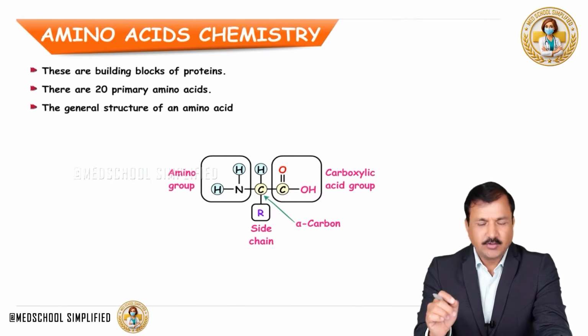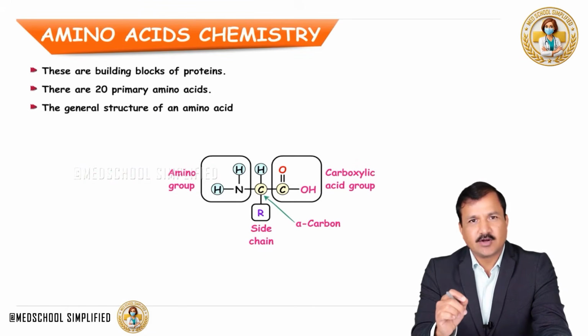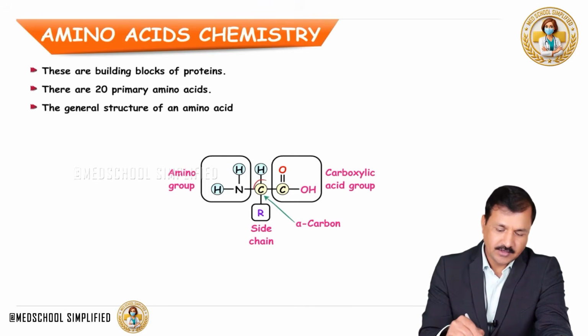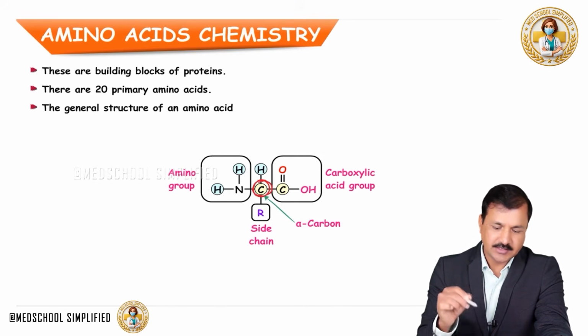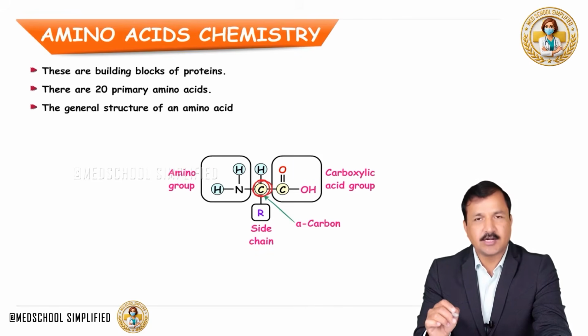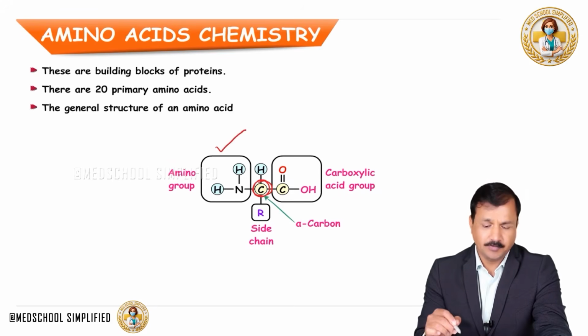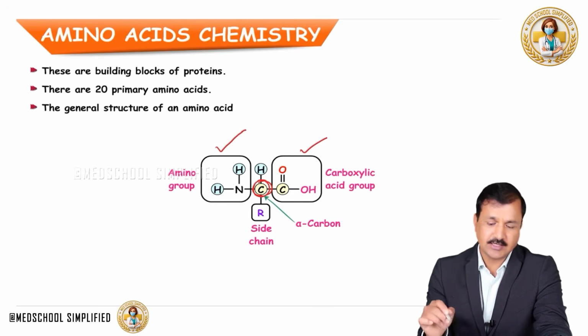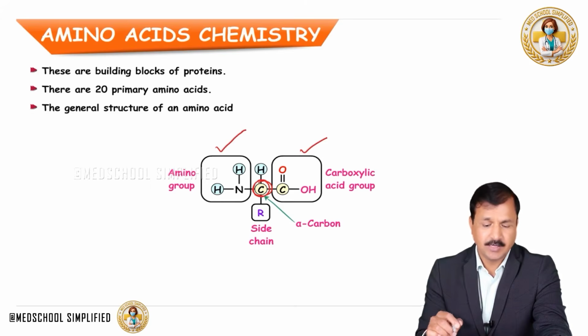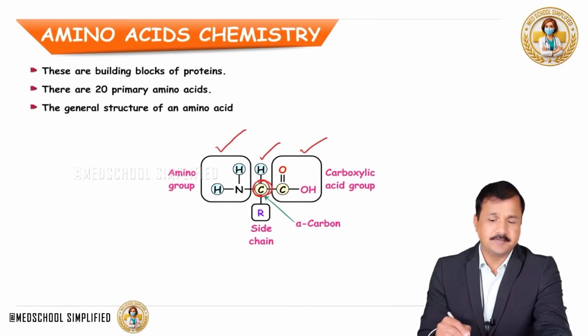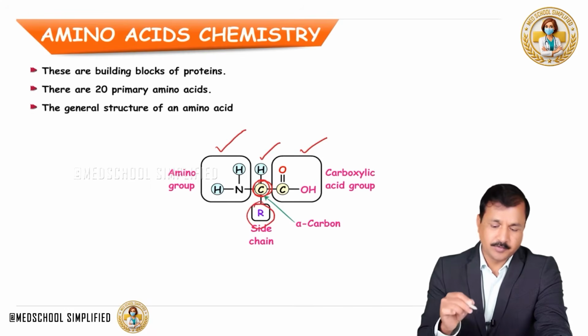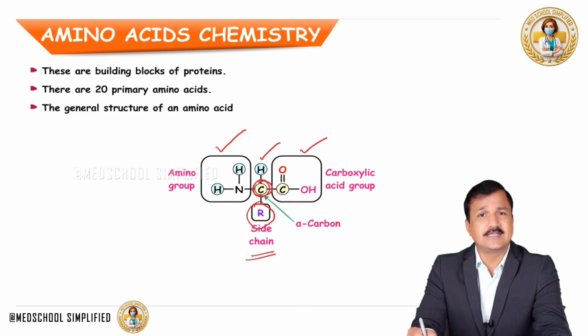Now you need to know every amino acid has got an alpha carbon in the center. So I'm going to draw that for you. Here is the alpha carbon, which is in the center, and as you know, a carbon atom has got 4 valencies. These 4 valencies are satisfied by the amino group, which is one of the valencies, then another valency attached by the carboxylic acid group, and then a hydrogen atom, and then we have the R group, which is also called the side chain.